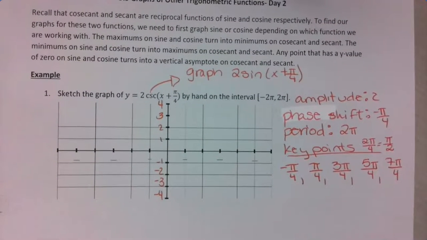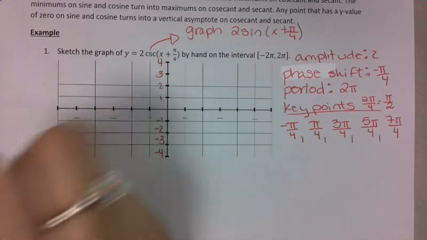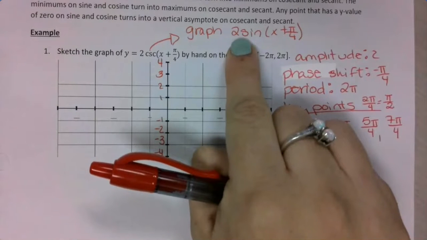Okay, so what do I want to do now with my key points? Plot them. So, right now, I'm not plugging into my original equation. I'm plugging into my sine equation. Okay?